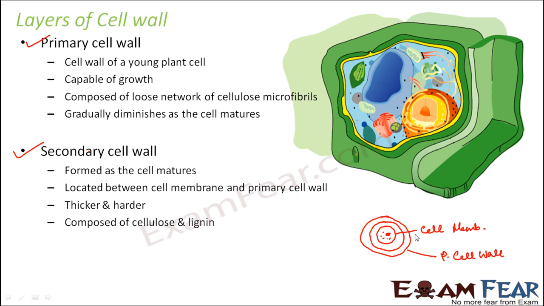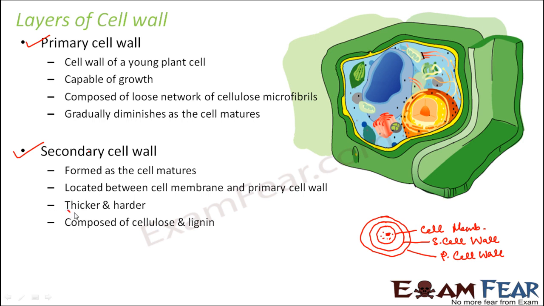That will be formed inside the primary cell wall. So this is your secondary cell wall. The thickness of the primary cell wall will gradually keep on reducing as the plant matures. So this secondary cell wall is between the cell membrane and the primary cell wall.